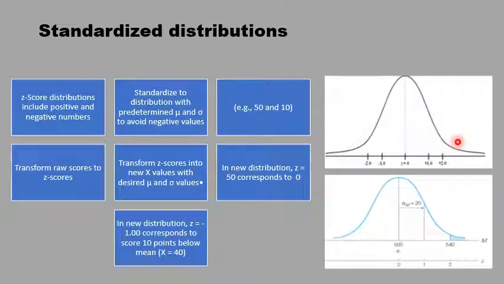Z-scores are presented as positive if they are more than the mean and negative when they are less than the mean. This can be easily changed if we choose. You could mark out the middle point, the mean point, in a new scale with any chosen value, say 50 rather than 0 for the z-score scale.